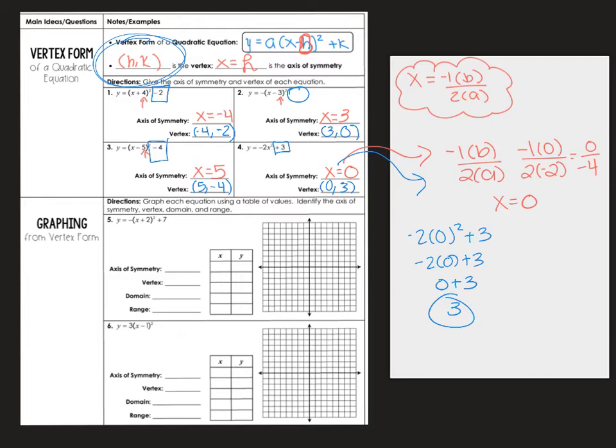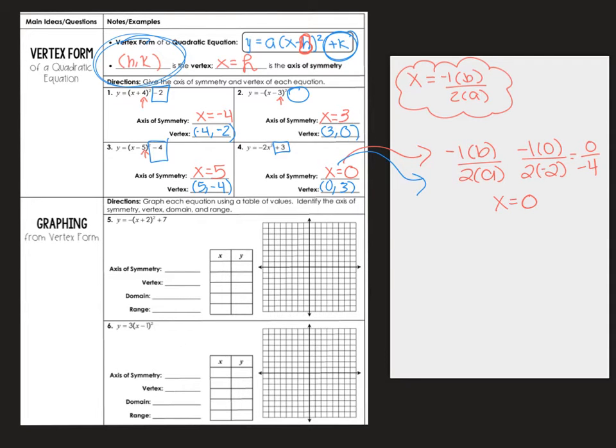All right, and really with these, again, the idea of the shortcut here is that we're using these letters h and k from this vertex form of the equation to help us find these answers without having to do it the way that we were before. But definitely you could still solve these the same way that we had when we were going through this on the first pages. So just as an example, let's look at number 3.